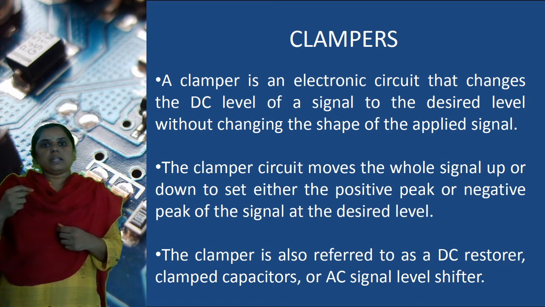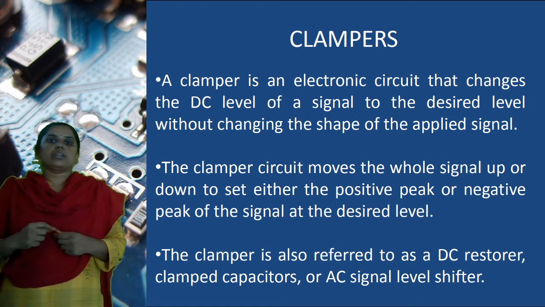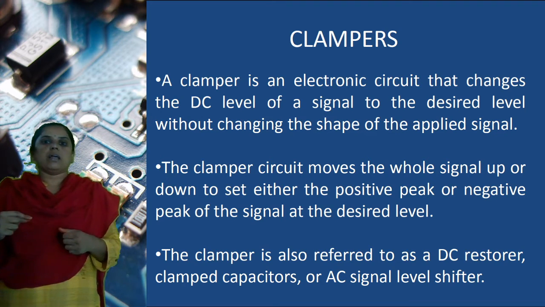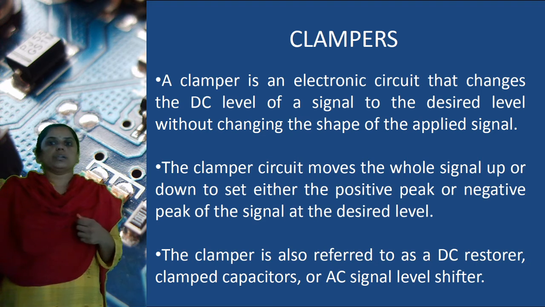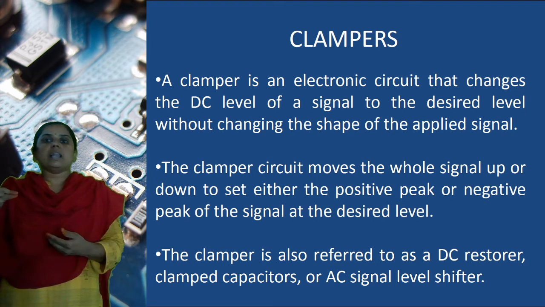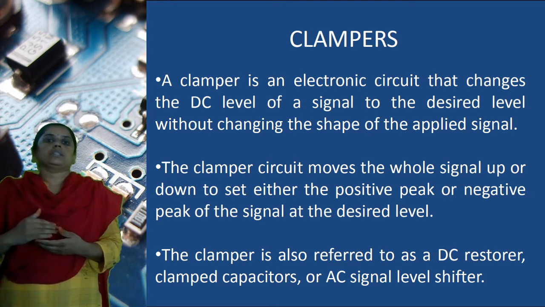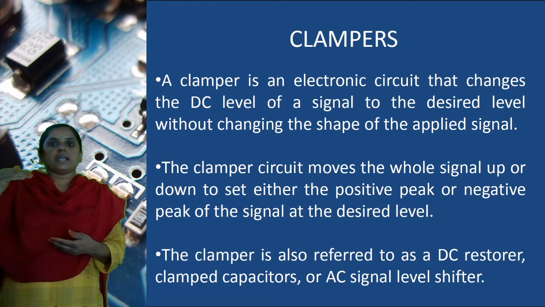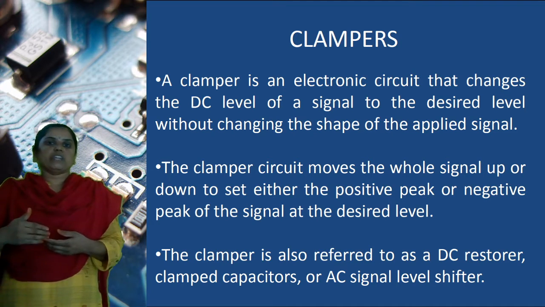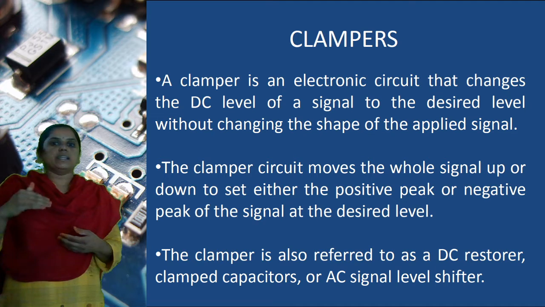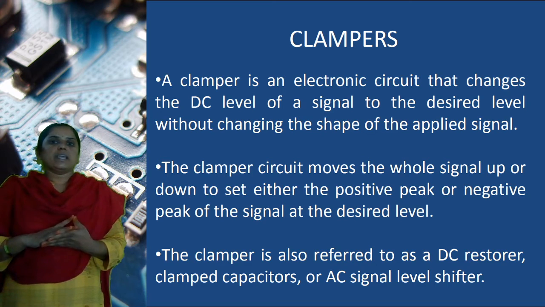Using this clamper circuit, we can move the whole input signal upwards and downwards, to set either the positive peak or the negative peak of the input signal at the desired level. Is it clear or not?